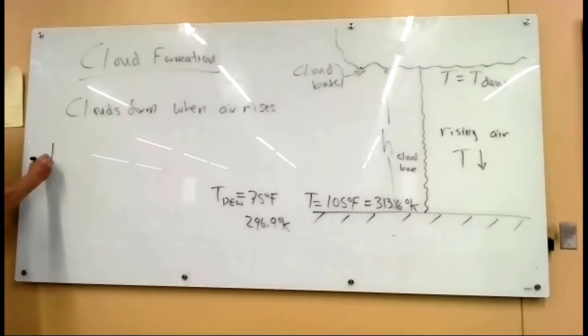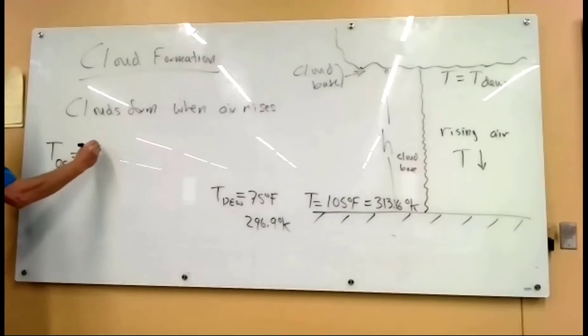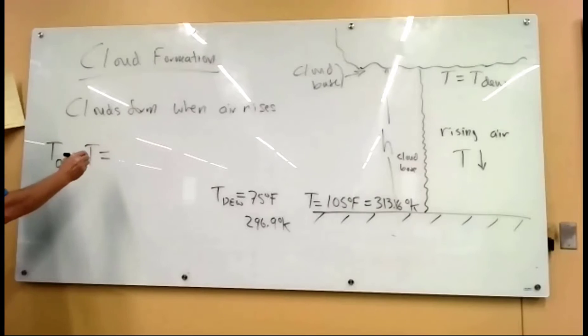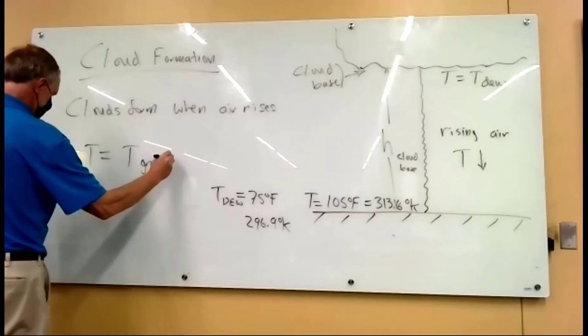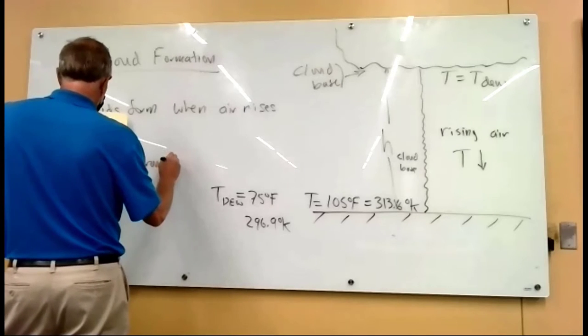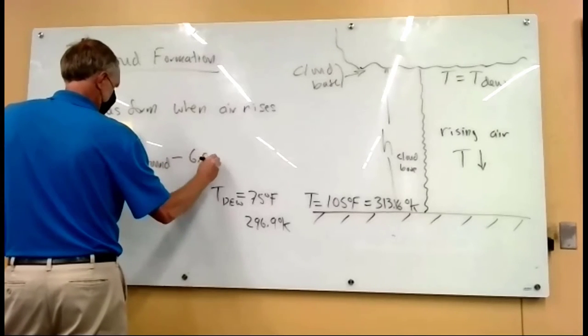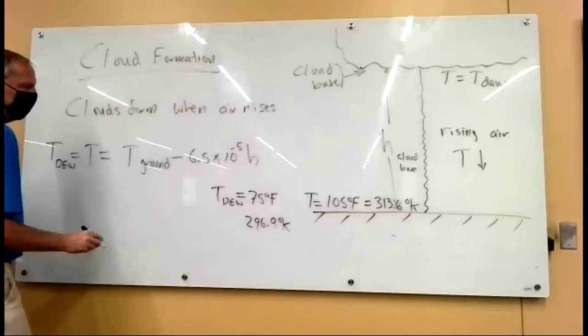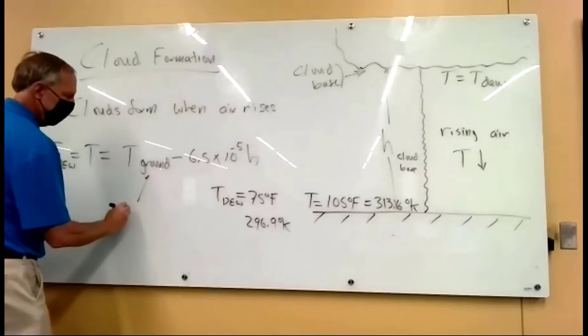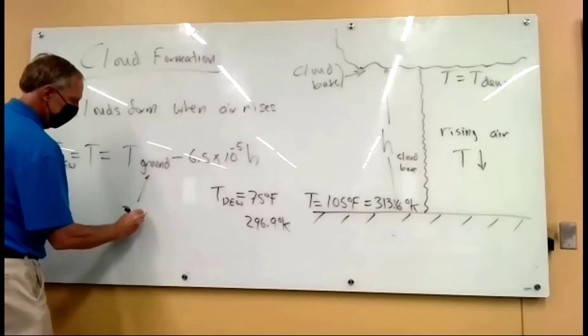So here's the formula for how the temperature varies. And the temperature of the ground is 313 point.